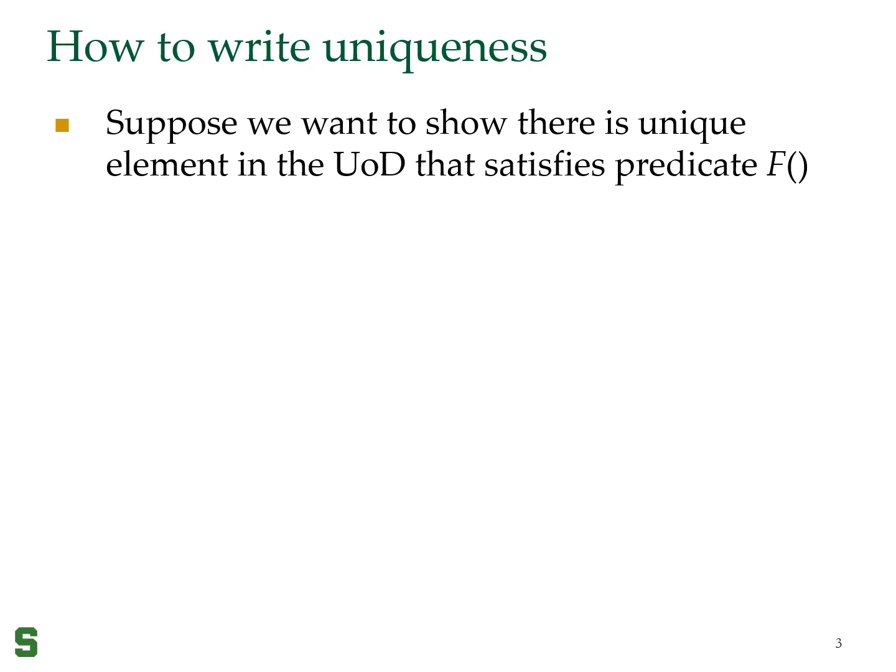What we want to write is a formula that says there is a unique element in our universe of discourse that satisfies the predicate f. Our goal is to write a formula that represents this thing.